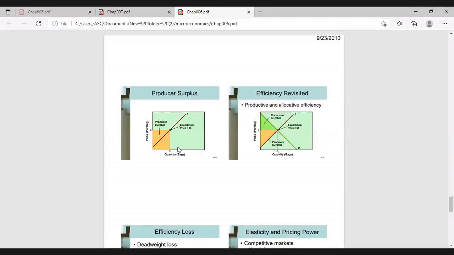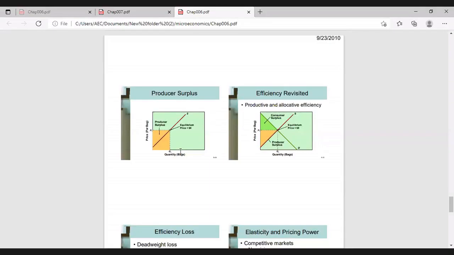So if there are many firms, there is competition, and that competition forces all the producers to produce at the lowest cost using the best technology.